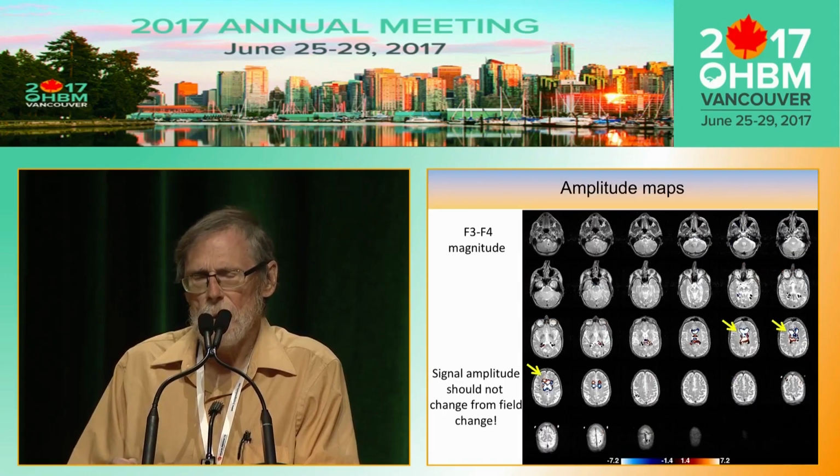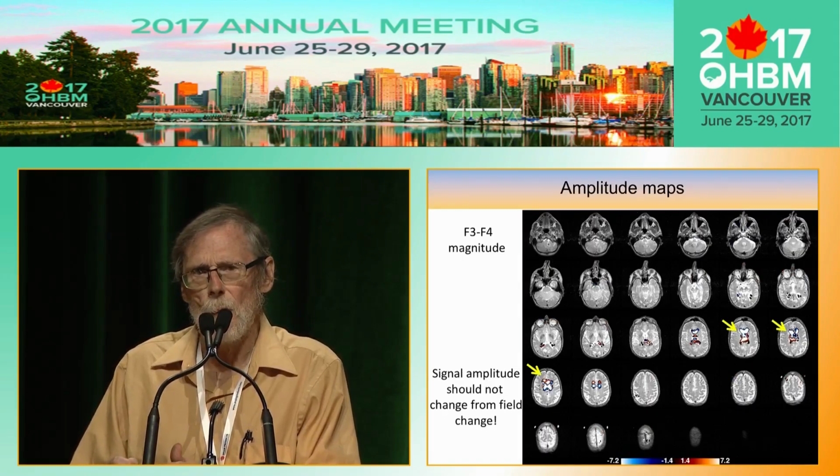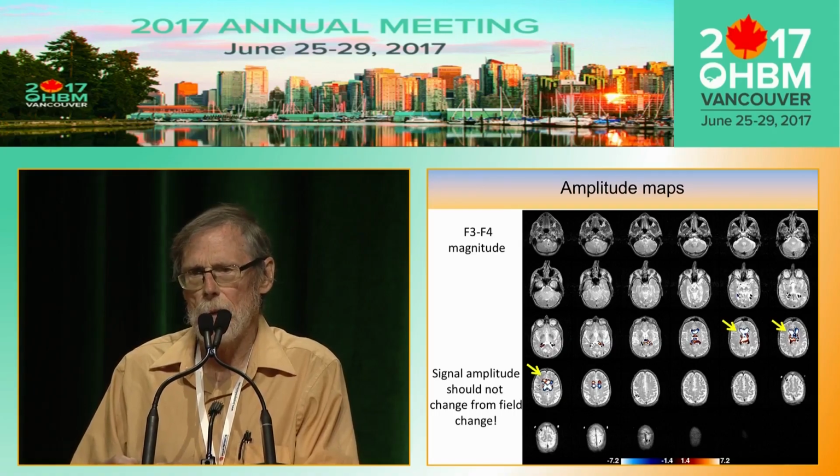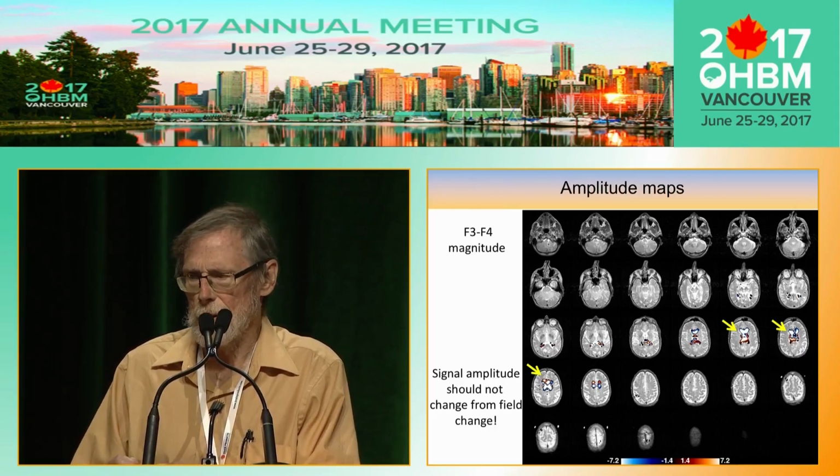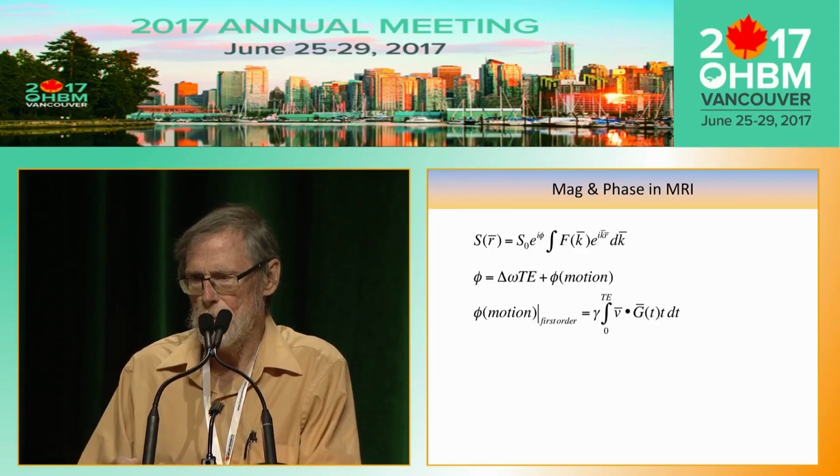We don't expect to see a change in signal amplitude from a phase, a small B field. So what's going on? Why are we seeing an apparent change in phase shift and amplitude shift in a region of the brain that's very localized to CSF?